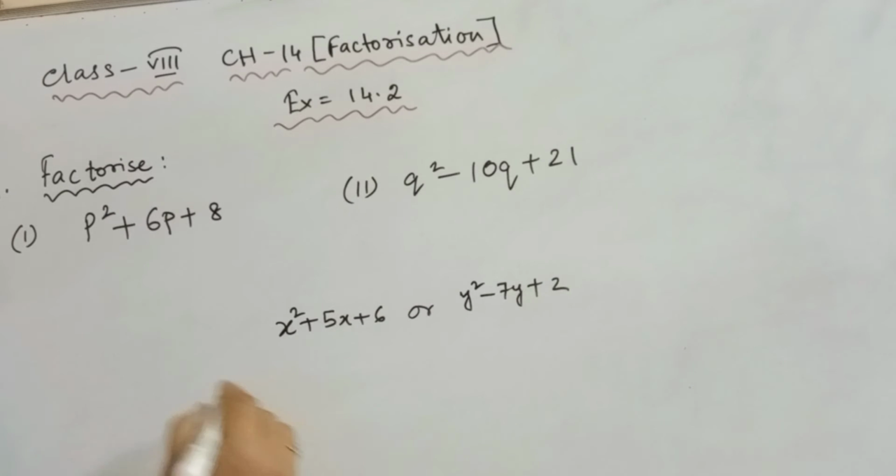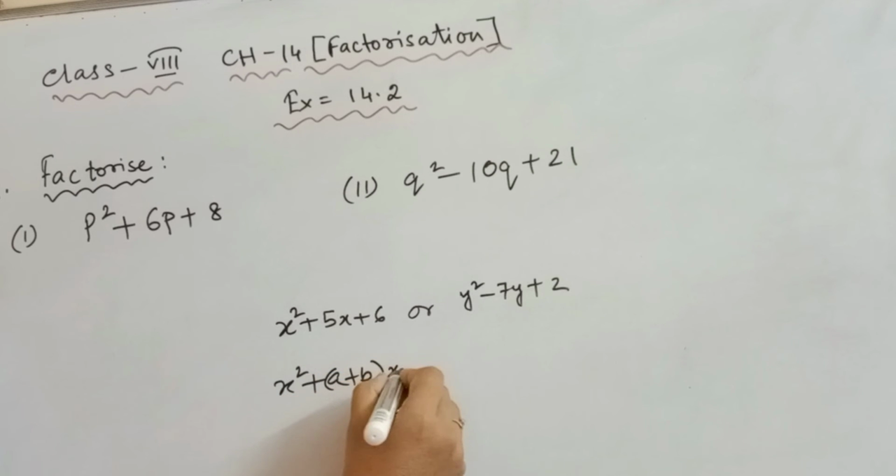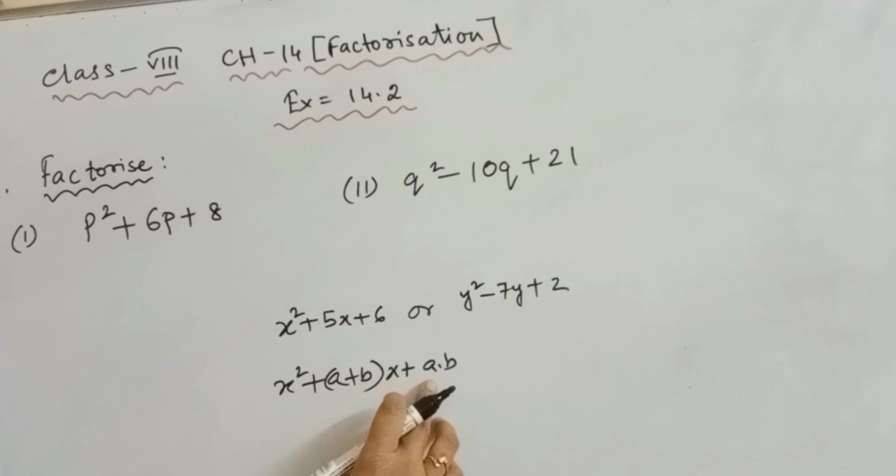We can take the type x square plus (a plus b) into x plus a into b. We have tried this identity, which we studied in the previous chapter: x square plus (a plus b) into x plus a into b.